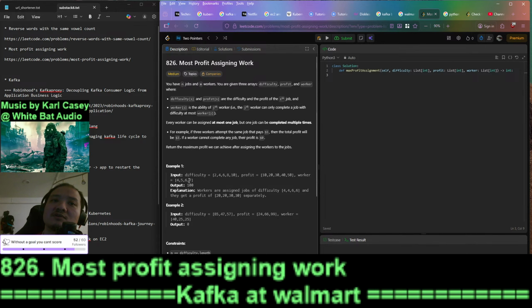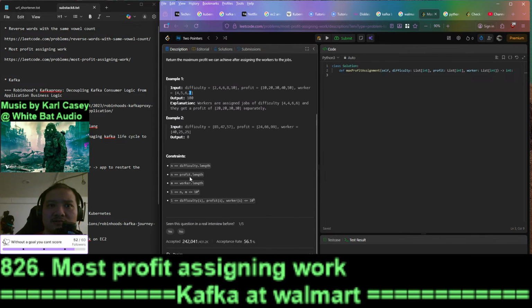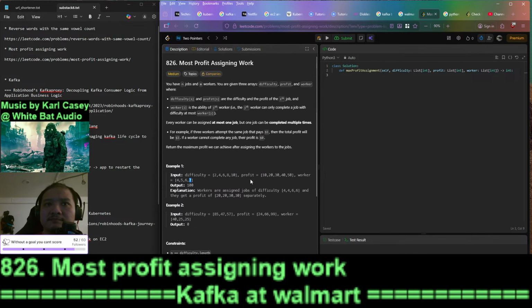For each of these numbers, for example 7, is the difficulty sorted? They're not sorted. So for each worker number here, we have to find the max difficulty, and that will be the upper bound in the profit, right?